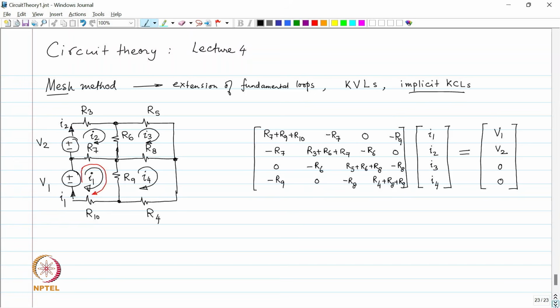Now, what we are going to do is we are going to make life a little difficult by changing some components.